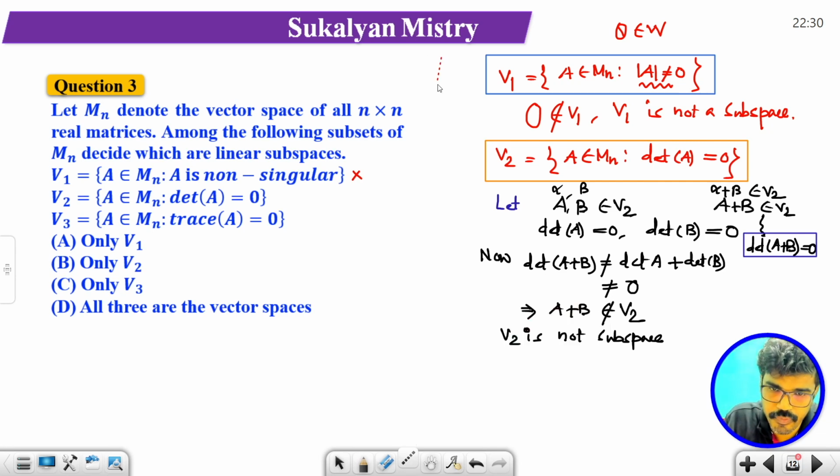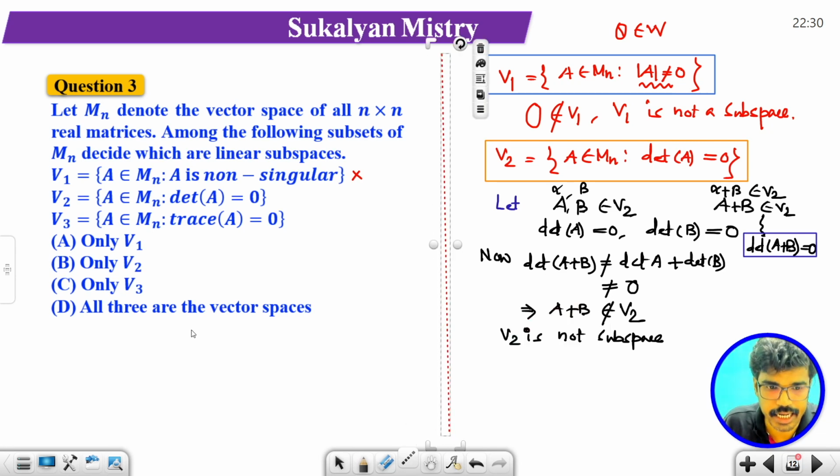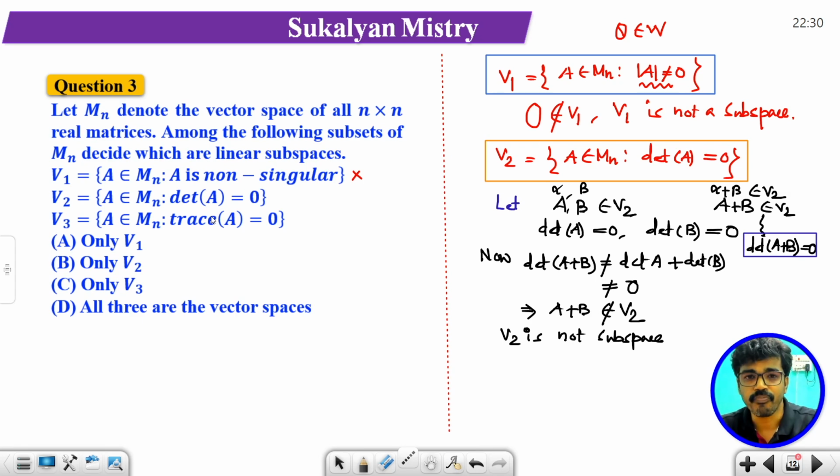So next, trace. What does it mean? Trace means the sum of the diagonal elements of a matrix. Okay, right? So first of all, what is v3 here?